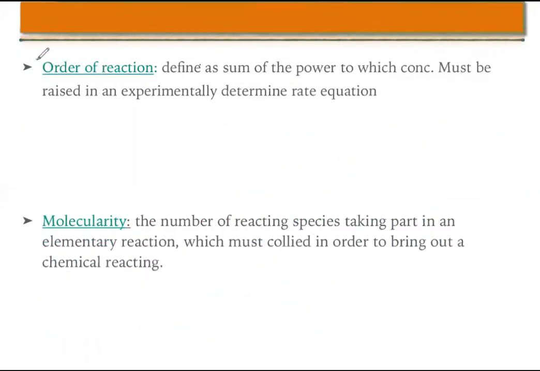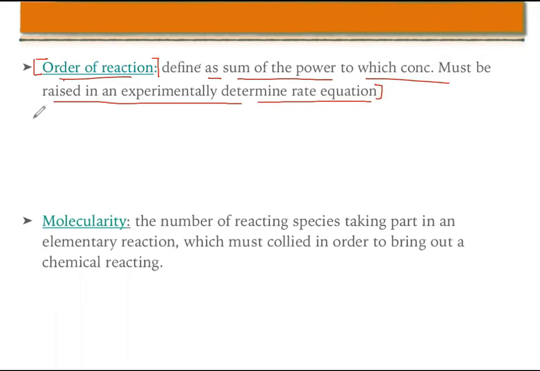Now let us discuss order of reaction. Order of reaction is defined as the sum of the powers to which concentrations must be raised in the experimentally determined rate equation.